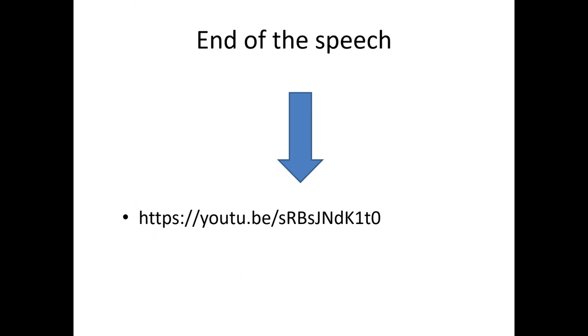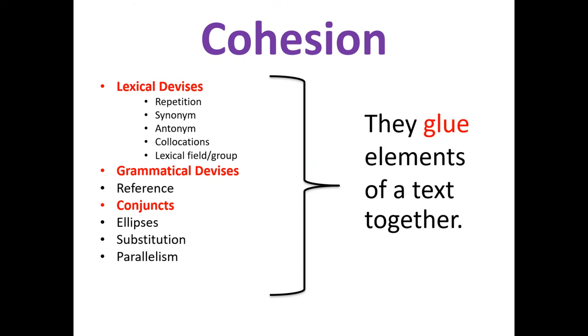So I want you to go to the YouTube video and then at the end of the speech, study the use of parallel structures. Usually you can notice the use of parallel structure in many political speeches, like for example from Donald Trump.